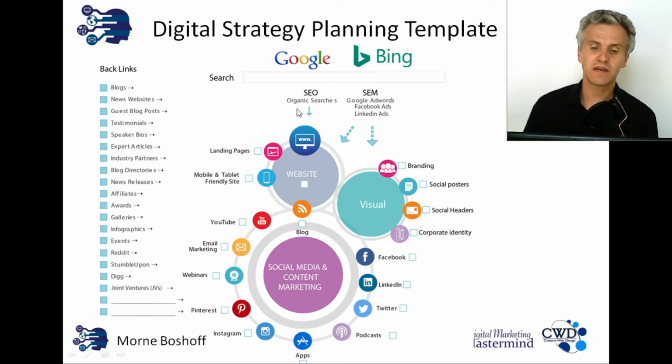This is where SEO comes into play. SEO means that your site is optimized to position in organic searches. Organic searches means that without paying the search engine anything, your site starts to get ranked on Google or Bing.